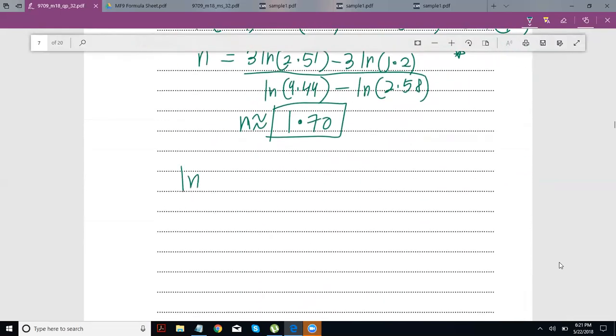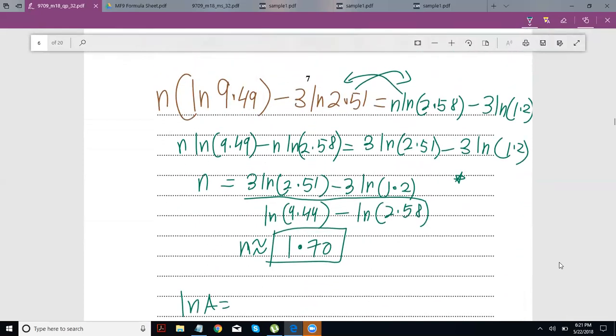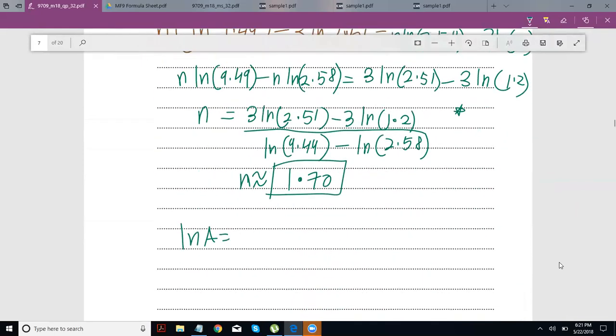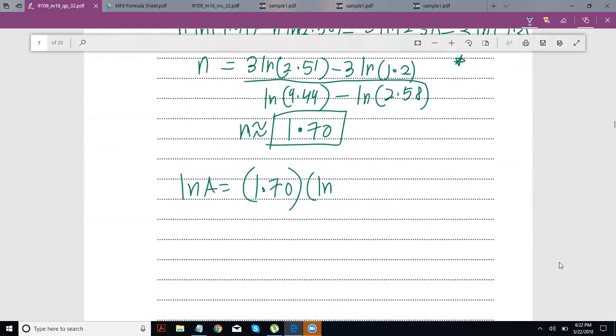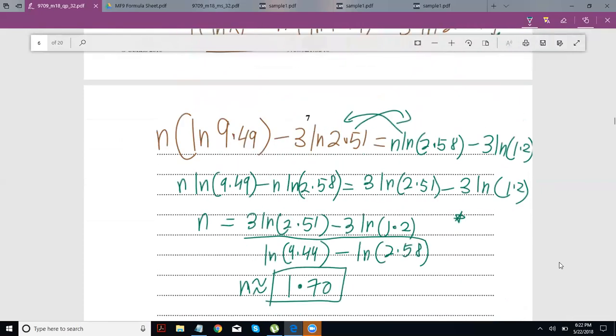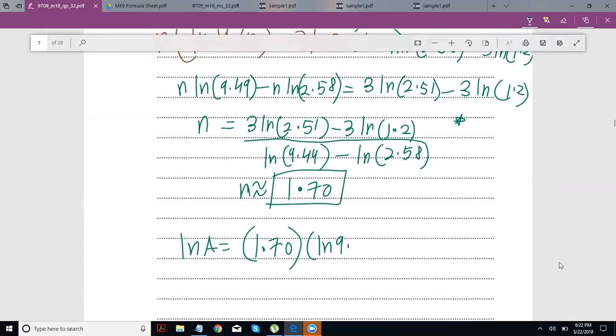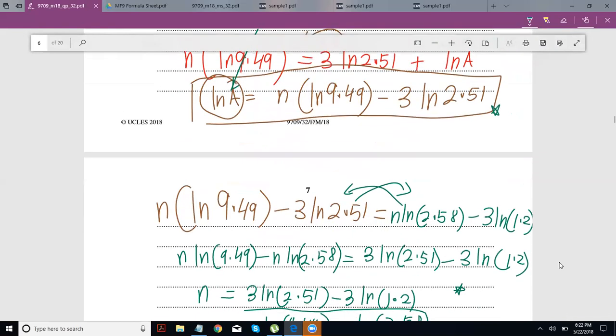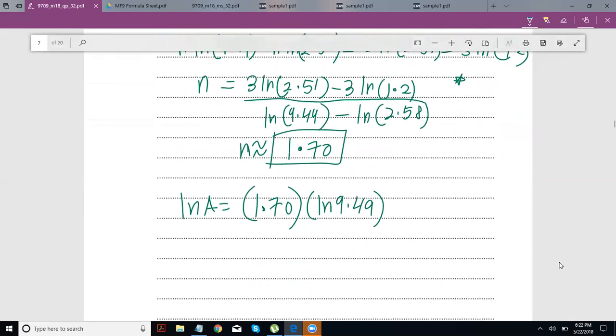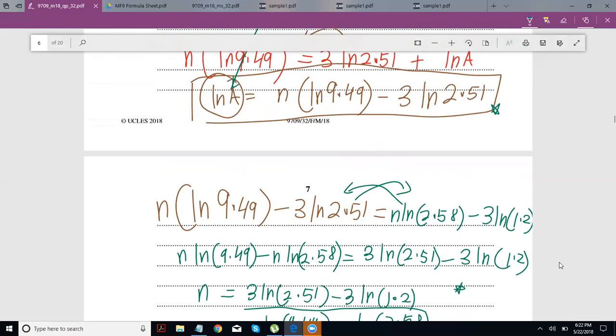So that gives you ln a is equal to 1 point, I'm writing 1.70, but in reality, you're going to be multiplying whatever you have in your calculator. So you get a very accurate value. You don't want to calculate using a rounded off value, because then the value you get would deviate too much from your actual answer.